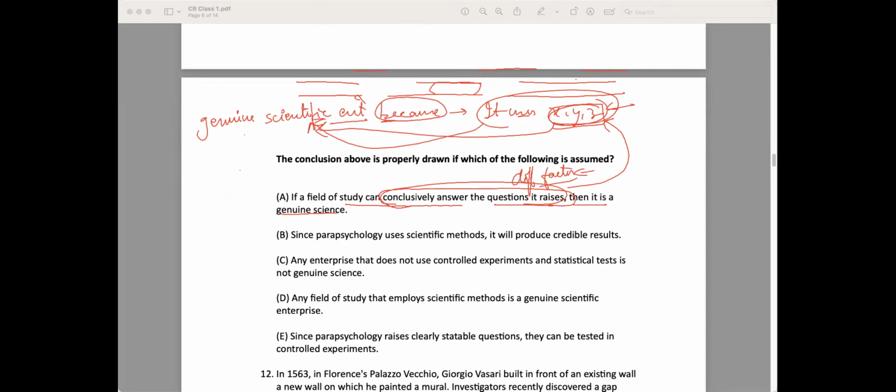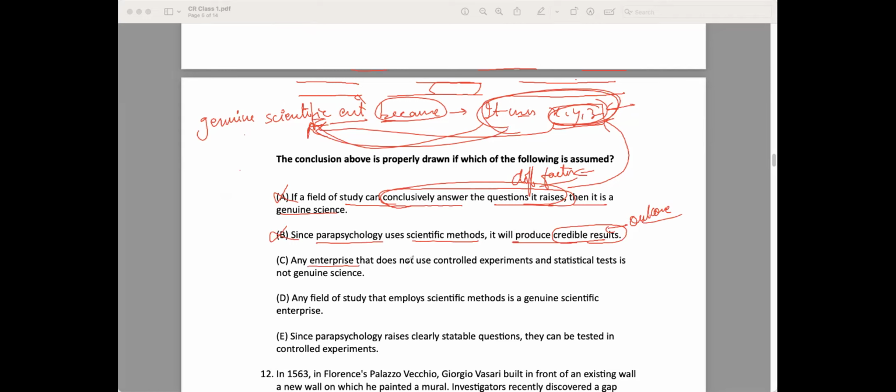It's a new factor. Since parapsychology uses scientific methods, it will produce credible results. Again, whether the results are credible or not is not our question. The question is, if something uses this, we are calling it a genuine scientific enterprise.